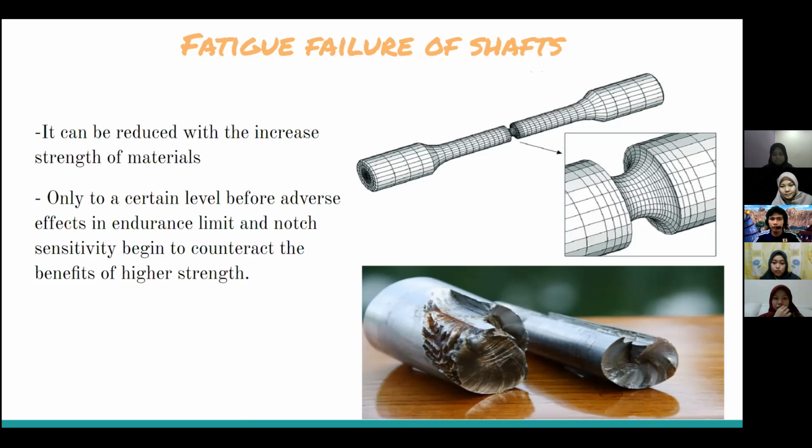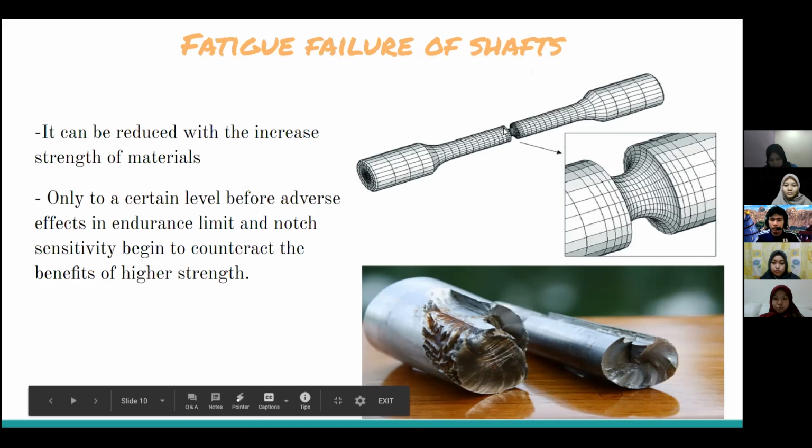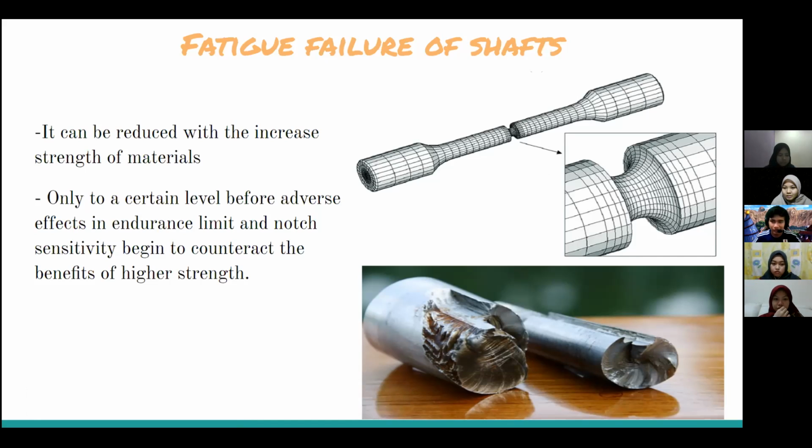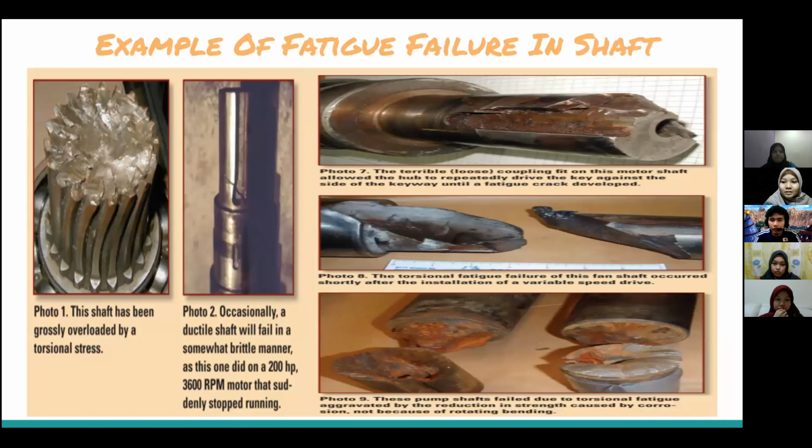For example, even if we use a higher material strength of shaft, if the shaft has a notch, it still can have fatigue failure. It will begin at the notch, and it will propagate to another section of the area and break and damage the shaft. So this is an example of fatigue failure in shaft.